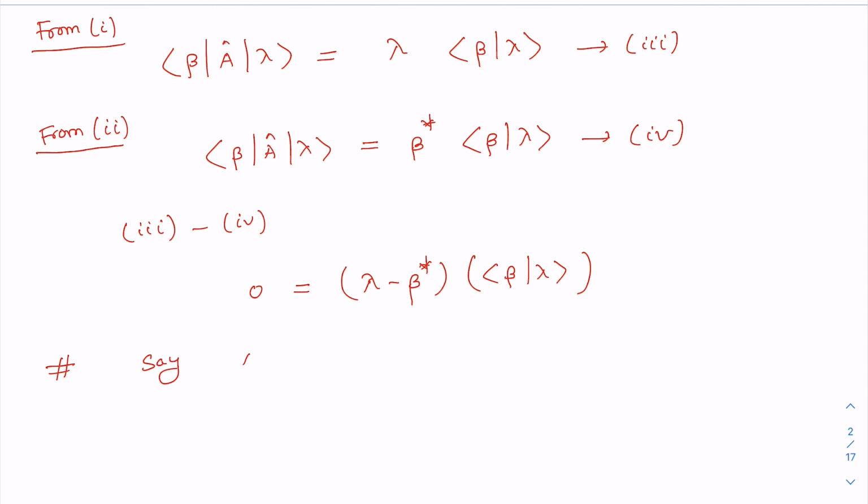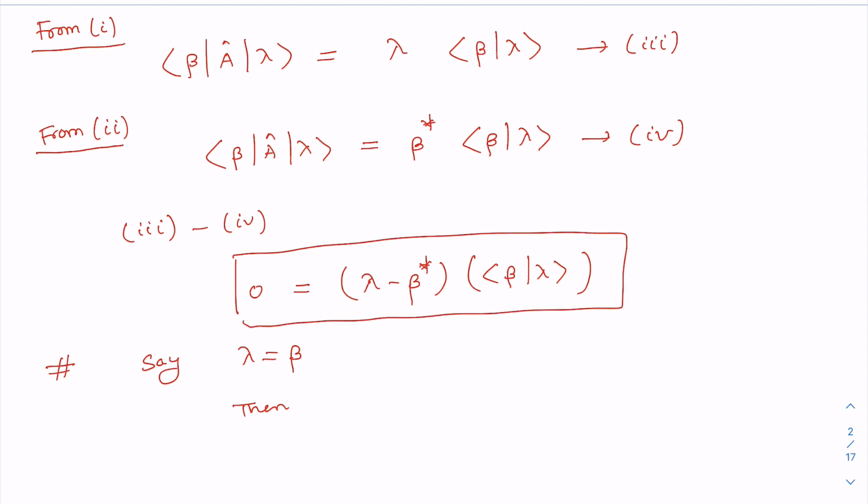Say lambda is equal to beta, that means the eigenvalues are the same. Then if this equation has to be satisfied, I must have lambda equal to lambda star. This implies that eigenvalues, as you can see, are real.